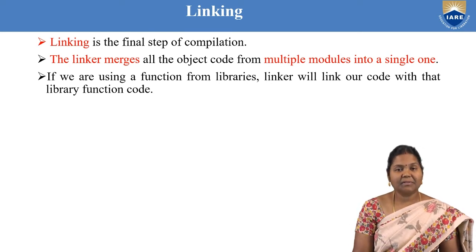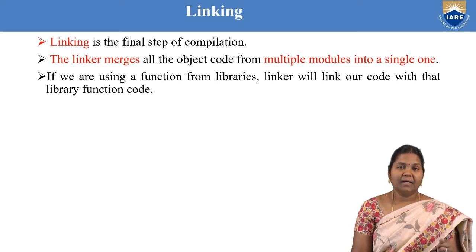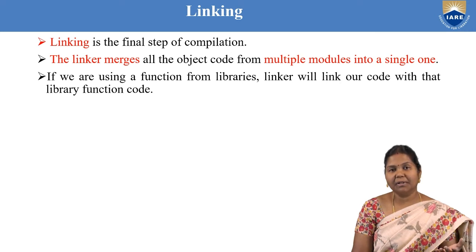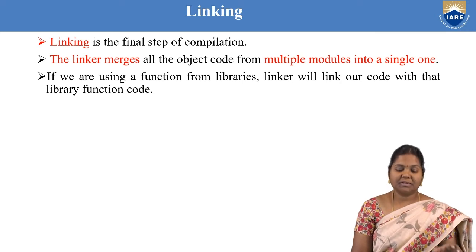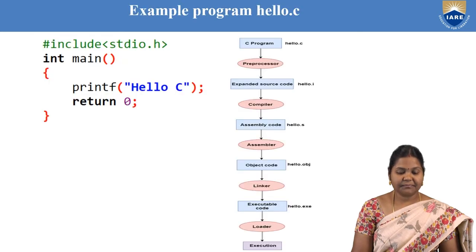So, this is the process of linking. So, we have discussed 4 steps. The first step is called preprocessing, second is compilation, third is assembly, and the fourth step is called linking.